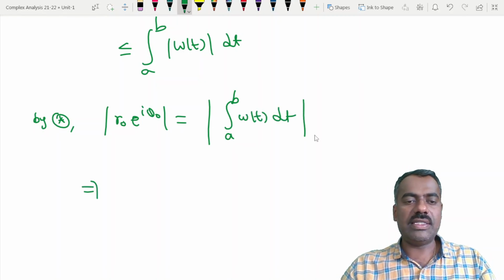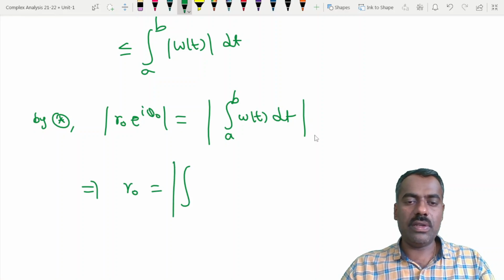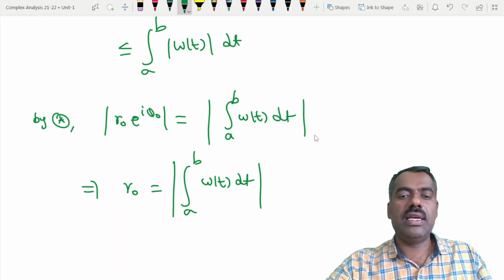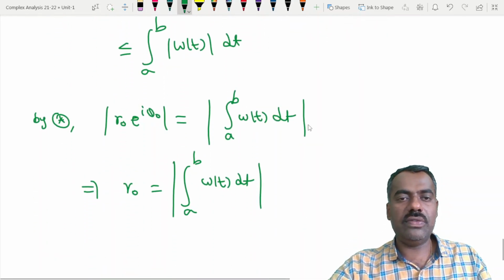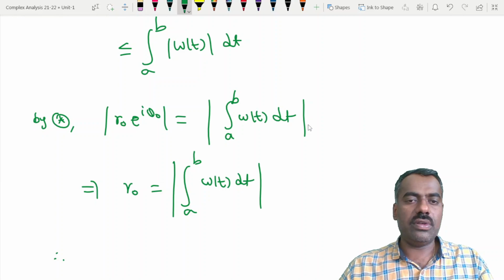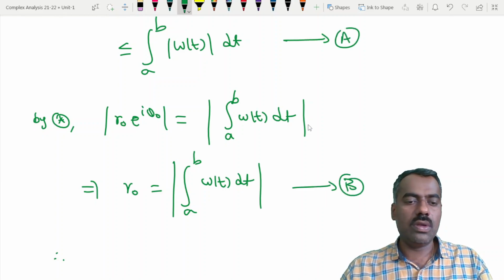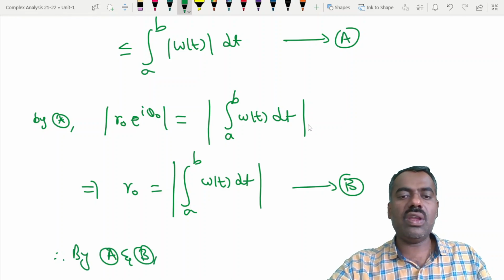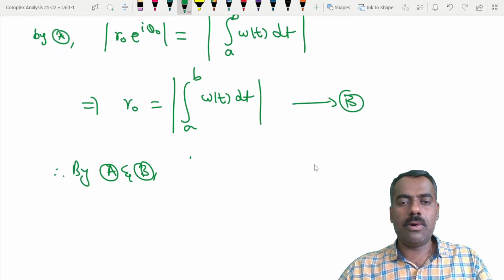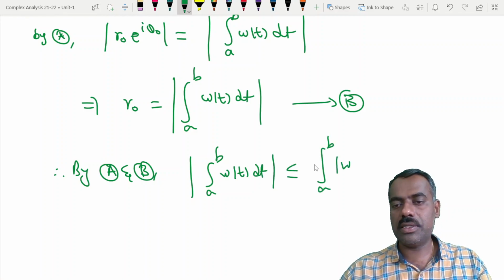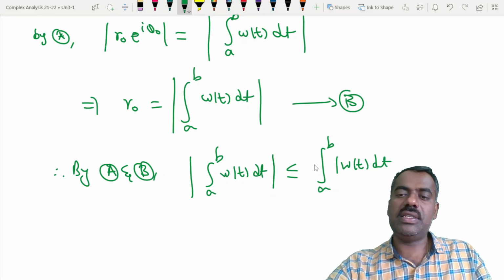But this is the same as r naught equal to the absolute value of the integration from a to b of W of t dt. Now by combining these two, we get that the modulus of this integration is less than or equal to the integration of the modulus. So it is a very simple one.